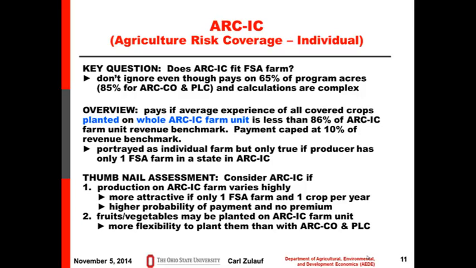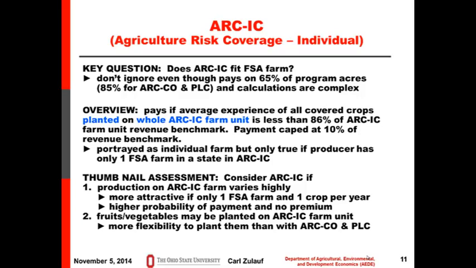So you're going to get fewer payment acres under ARC-IC. And also because its calculations really are complex. And if you want to explore ARC-IC, you really do need to use the calculators. Because there is a series of very complex calculations. I'm not going to go through all of those, but that's absolutely correct. It is complex.